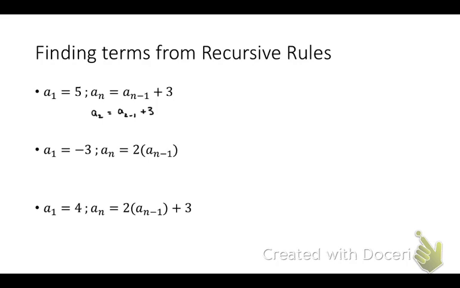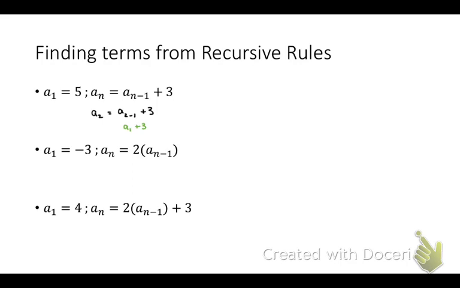Now, we're realistically not going to write this all out, because what is 2 minus 1? 1. What's the first term? So really all we're saying is we're going to take the first term plus 3. Well, what's the first term? 5. So what's the next term in our sequence? 5 plus 3 is 8.